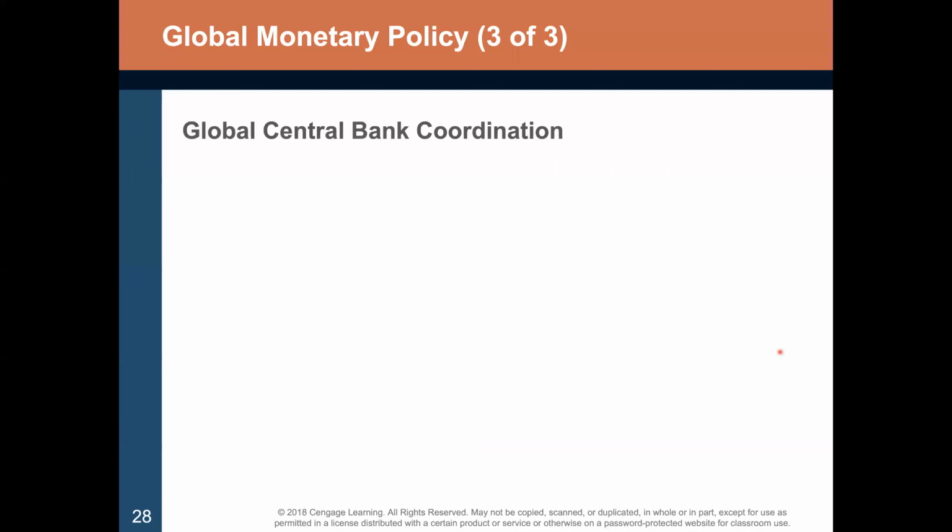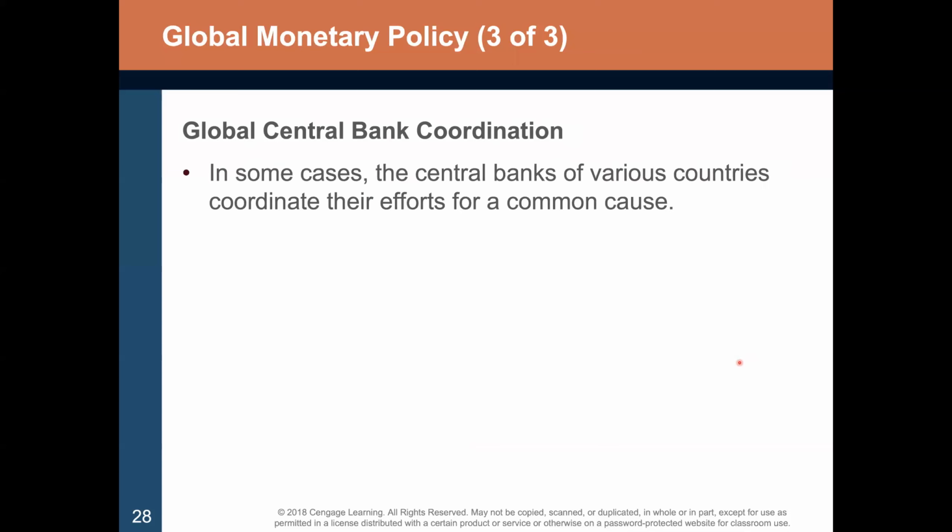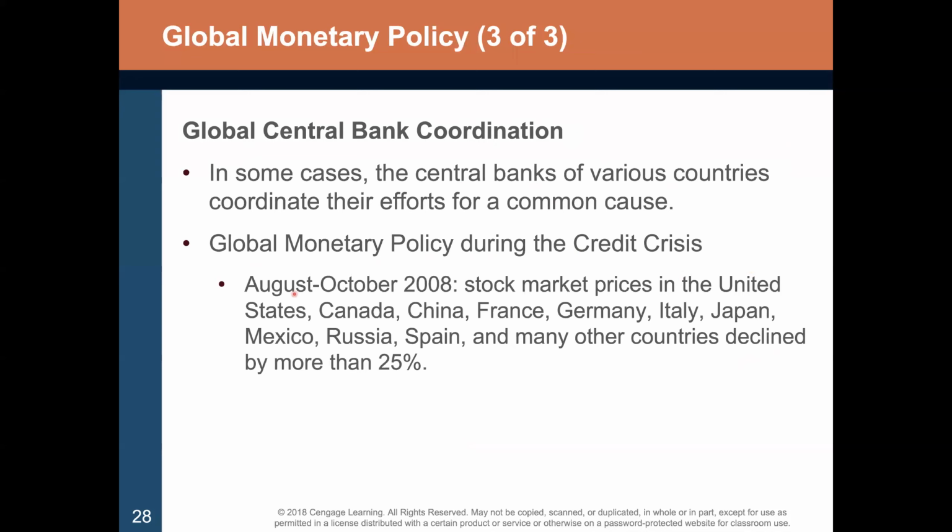So let's look at global central bank coordination. In some cases, central banks of various countries coordinate their efforts for a common cause. They're working towards something that will be of benefit to all of the nations that coordinate. Global monetary policy during the credit crisis included, from August to October of 2008, stock market prices in the United States, Canada, China, France, Germany, Italy, Japan, Mexico, Russia, Spain, and many other countries declining by more than 25%.